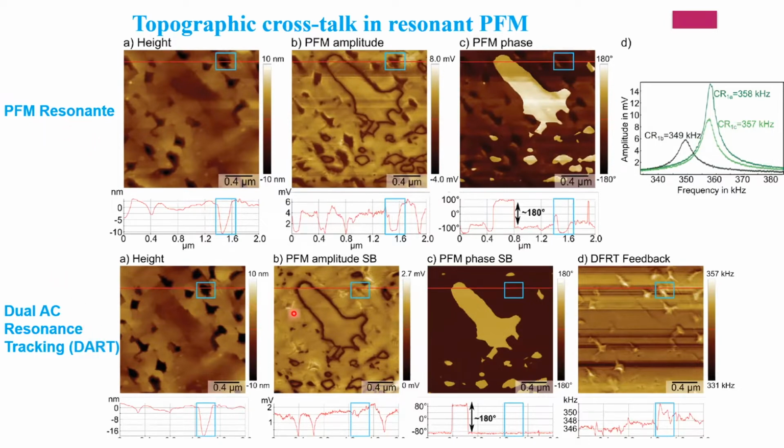With DART, we can see that the influence of the topography is decreasing in this measurement, and in the amplitude and in the phase this topographic influence disappears, and we can see the signal that was kept out of the PFM signals.